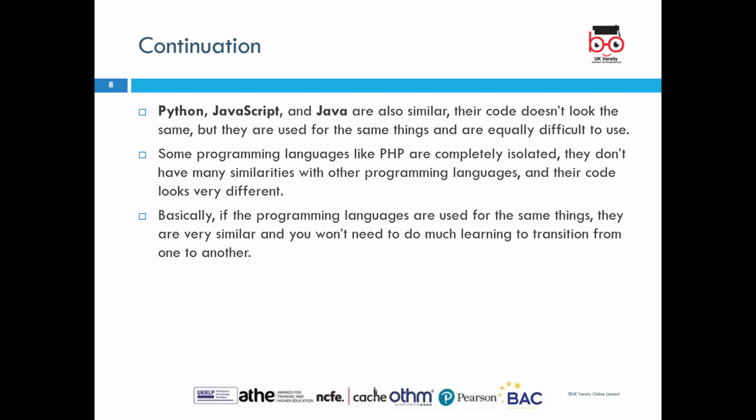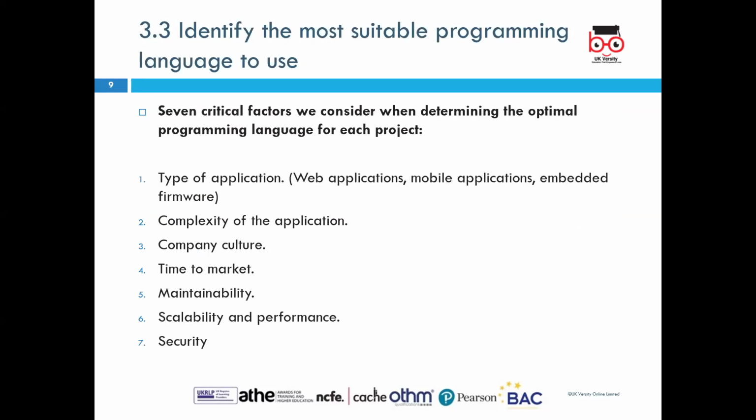While some programming languages like PHP are completely isolated, so they don't have many similarities with our other programming languages, and the structure of the code is completely different from the rest of the ones that we've looked into.